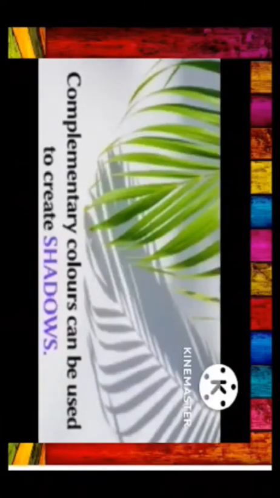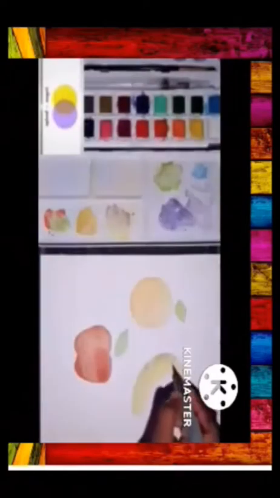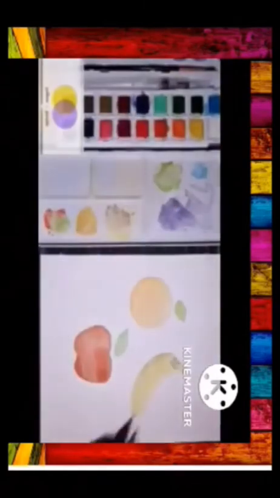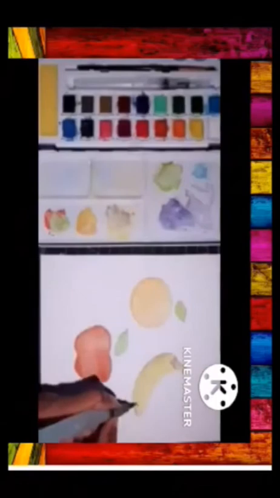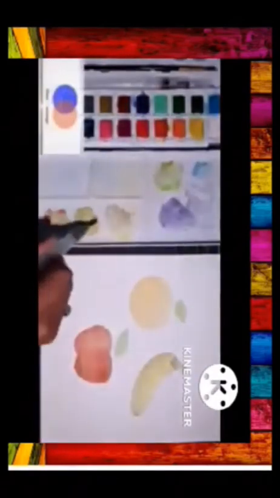Complementary colors can be used to create shadows. Using a color's complementary color creates a more realistic shadow instead of using black or gray. If you are painting a banana or a lemon, instead of going straight to the black paint, use a little purple. If you're painting an orange, add some blue.